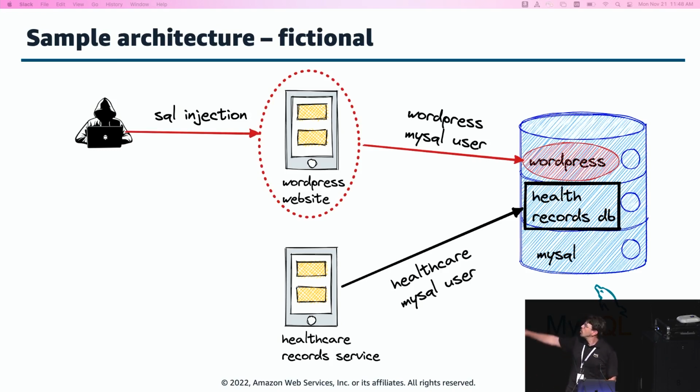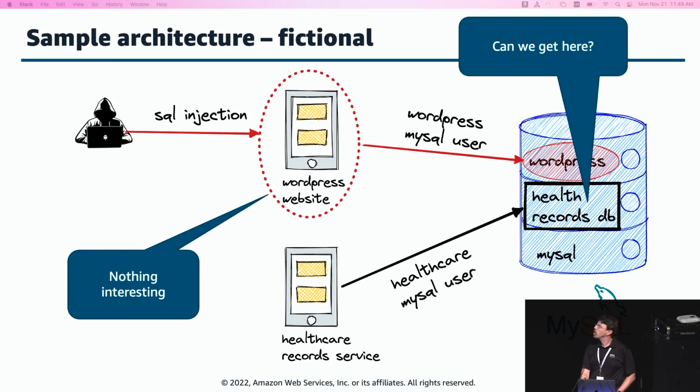So when we get into WordPress, normally we'll not be able to access the health records database because it has its own user. So we have user-level isolation between this corporate, nothing interesting website and the real health records data. The question is, how do we get here in our pen test?